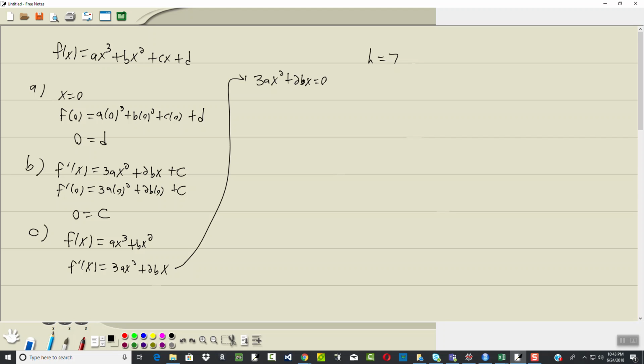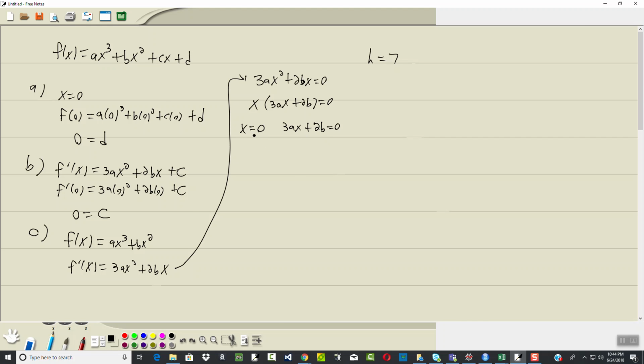Again, why we're setting that equal to 0 is because they tell us it's horizontal. I'm going to factor out x, and that gives us x times 3ax plus 2b equal to 0. Set each one of those equal to 0, so I got x equals 0, and I got 3ax plus 2b equal to 0.